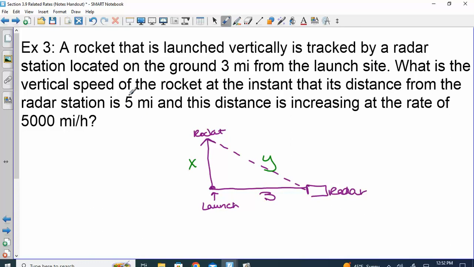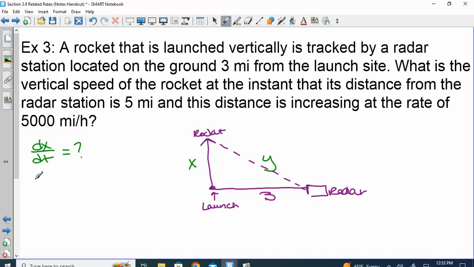What is the vertical speed of the rocket? So which variable gives me the vertical height of my rocket? x. So the speed would be the derivative of x, so dx/dt. That's what I am trying to find. At the instant that its distance from the radar station is 5. So what's 5 here? y, the distance from the radar station.